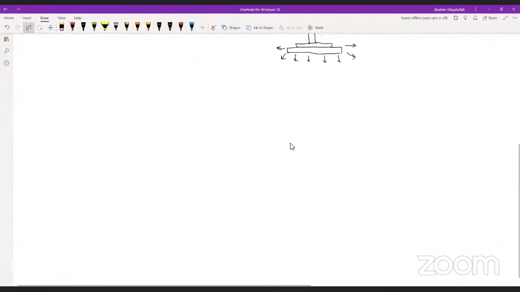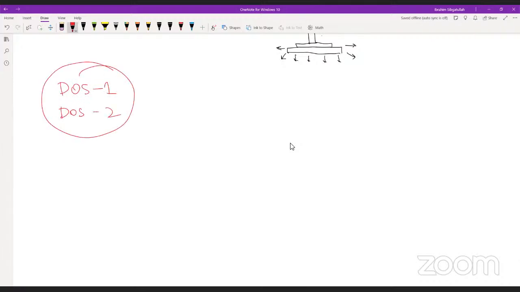Frankly speaking, DOS1 and DOS2 are very easy subjects. They are very easy, trust me. There is a format, there is a formula, there are a few steps: step 1, step 2, step 3, step 4, step 5, step 6, step 7, like that.